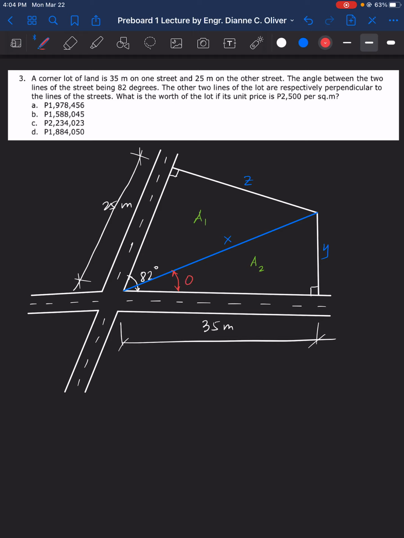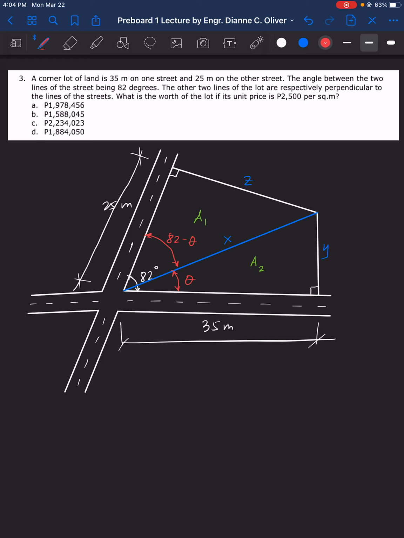If I put here theta for the smaller one, and here 82 degrees minus theta, then we can solve for x by equating.